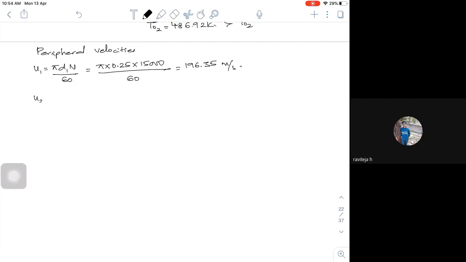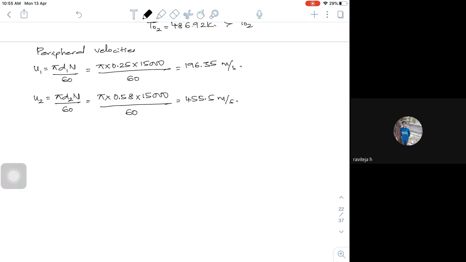Similarly, the peripheral velocity at the exit, which is pi D2 n by 60, is equal to pi into 0.58 into 15,000 divided by 60, which is equal to 455.5 meters per second. In the previous cases, you've seen that D2 was twice that of your D1, but in this case D2 is not twice, it is more than 2. So 0.25 and 0.58. That's why I'm going to get a difference between your U2 and U1.